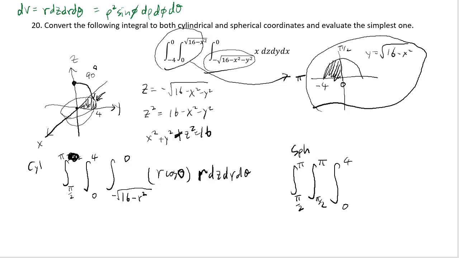Now let's see. r is rho sine phi. And then r dz, this much, is changed to rho squared sine phi d rho d phi d theta. Okay.